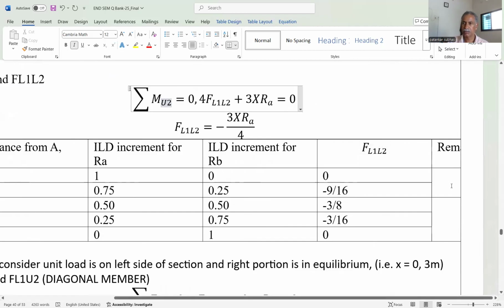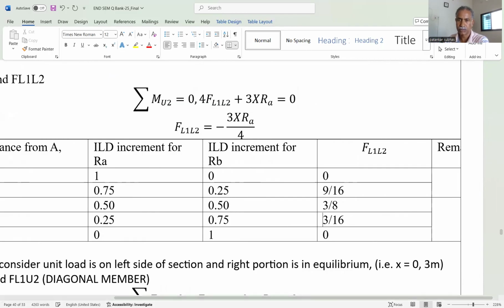the force in the member. Here we have written these values and we get 0, minus, sorry, it is not minus, it is plus.